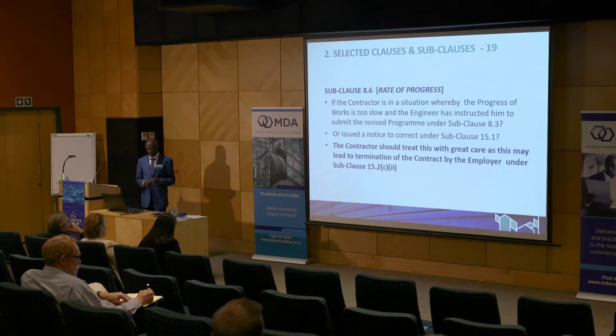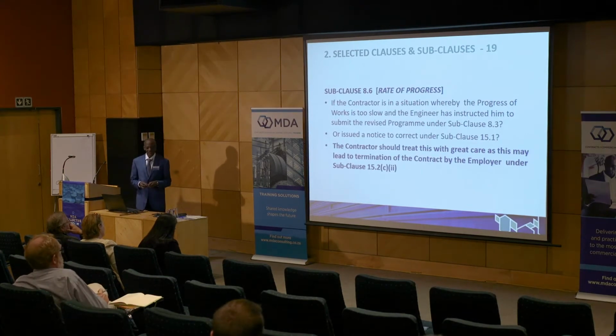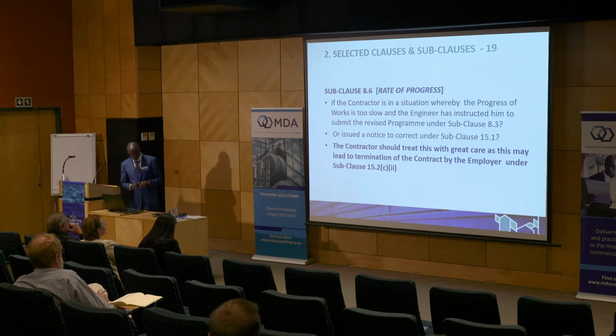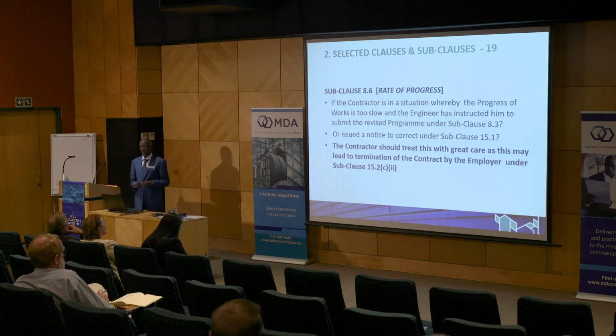Sometimes the contractor finds himself in a situation where the progress of work is too slow, and the engineer has instructed him to submit a revised program of work under subclause 8.3.